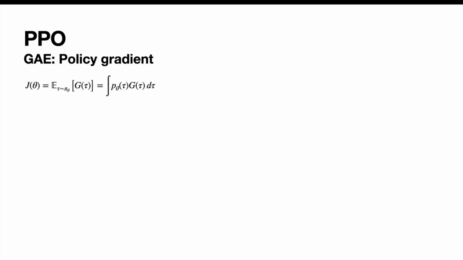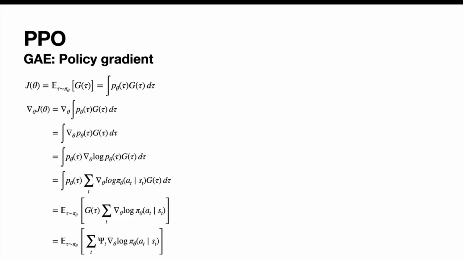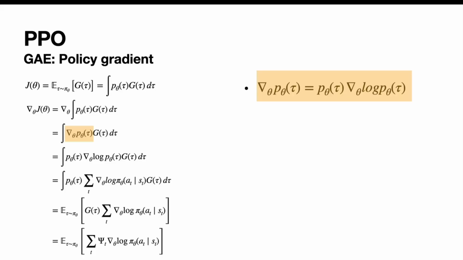Now we want to take the gradient with respect to theta. To do this, we apply the chain rule to the log probability. The gradient of a probability equals the probability itself multiplied by the gradient of the log probability. So the gradient of pθ of tau becomes pθ of tau times the gradient of log pθ of tau.